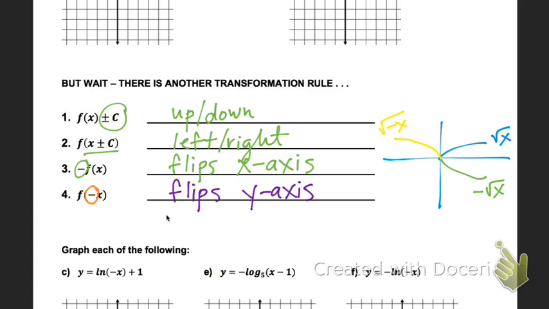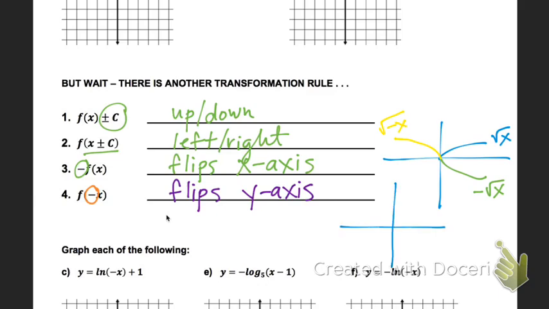If you replaced it with log, I'm going to show you the log one. Like I said, if you're evaluating them, it does not exist. If you're evaluating the square root of negative 2, it's imaginary. But graphing it, you can actually graph, okay? So the same kind of works with logs.